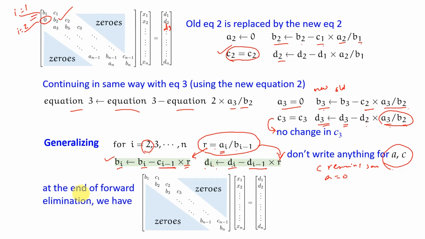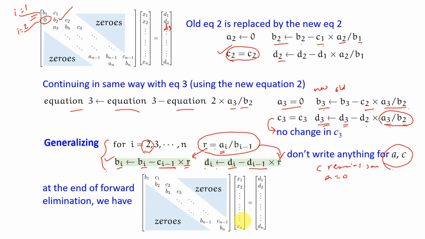Now that we have the forward elimination complete, once we run this through, all the A's will be gone. So we have lots of zeros, and in the last equation only the diagonal element will survive, that is the Bn. This Bn is of course not the old Bn, this is a new Bn.